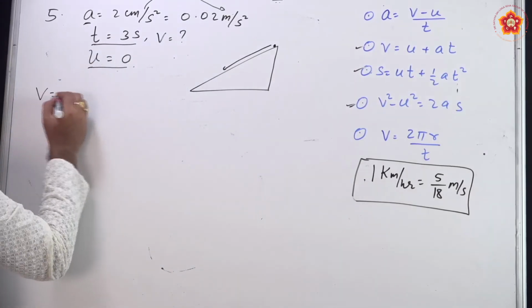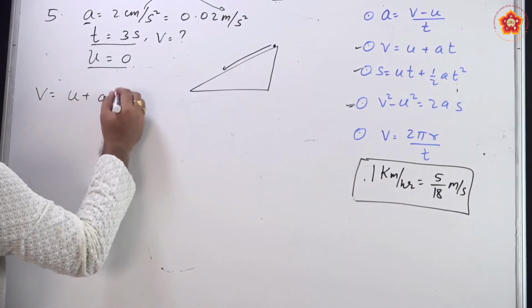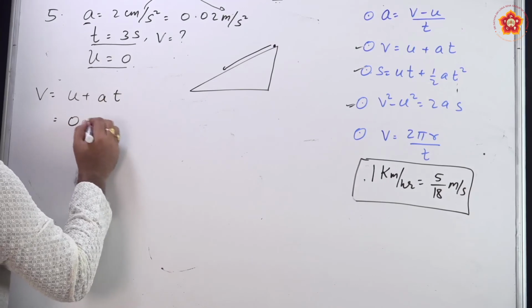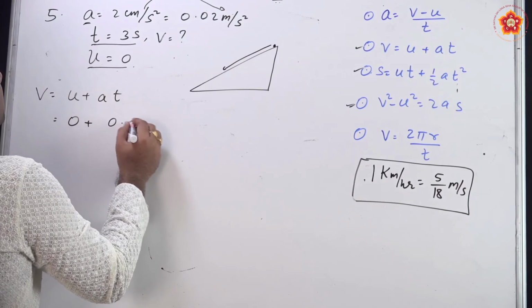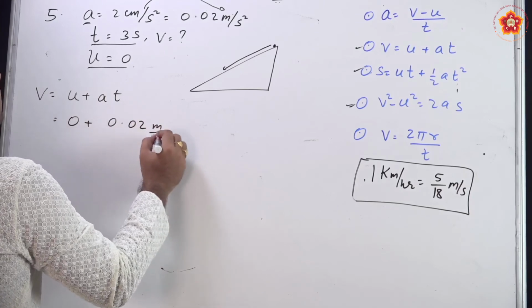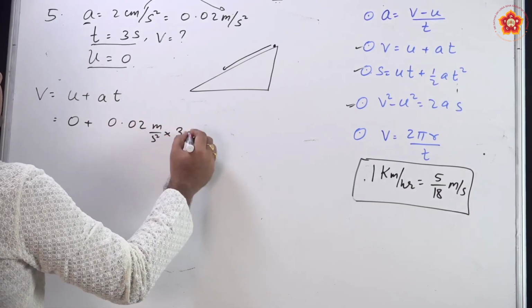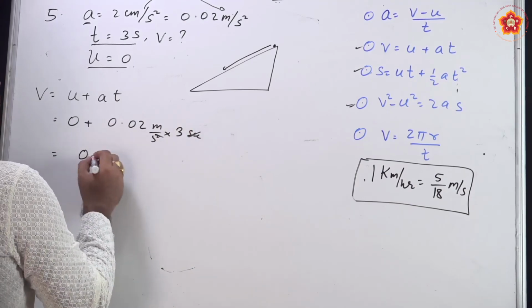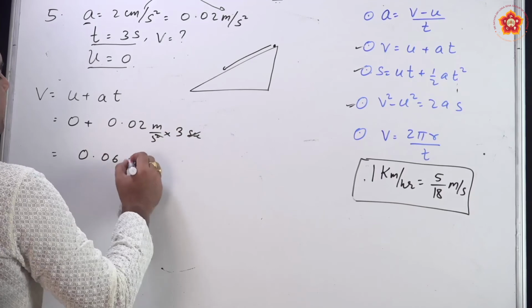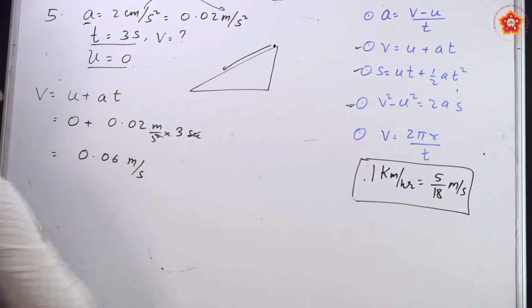So we use the first equation, v is equal to u plus at. u is 0, a is 0.02 meters per second square, into time, which is 3 seconds. So what do we get now? 0.06 meters per second.